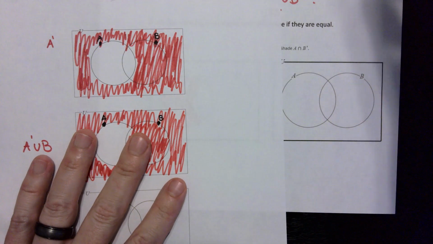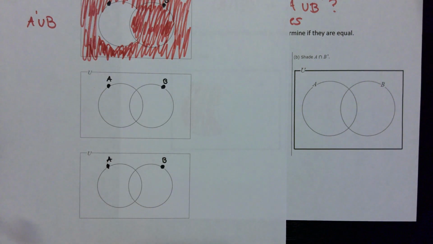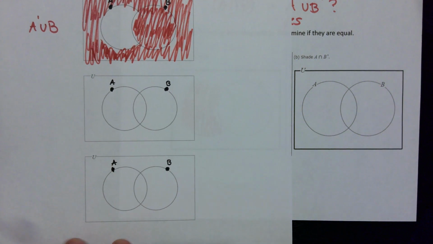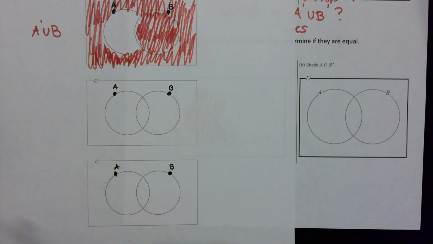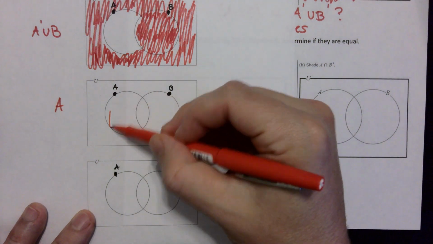So we've got, this one has shade A intersect B complement. Okay, so A, we know A is this.